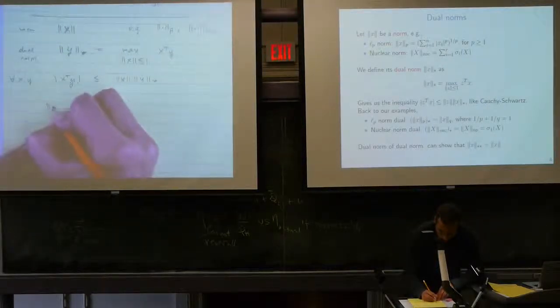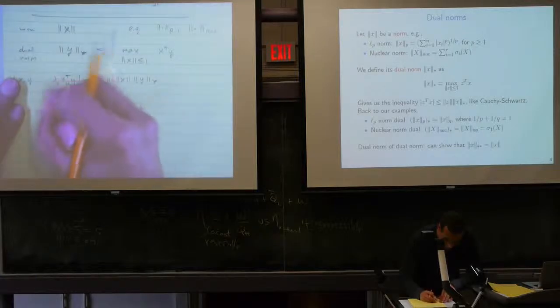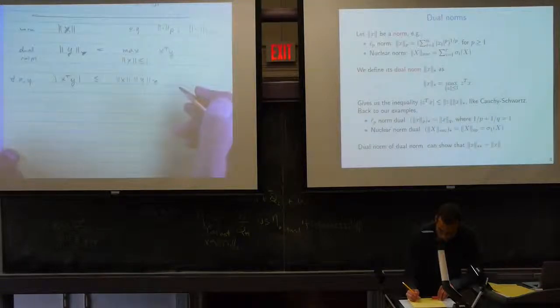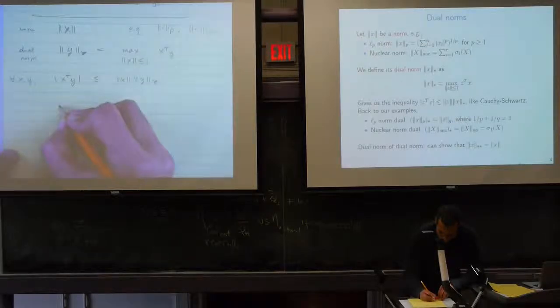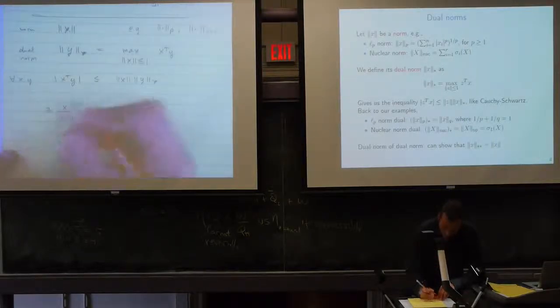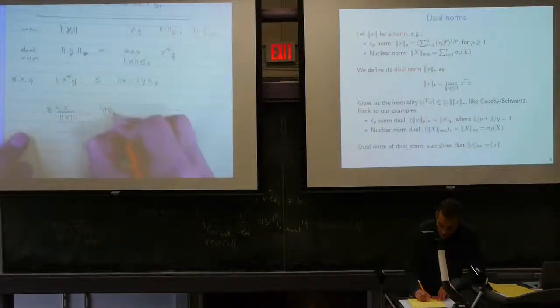We know that the dual norm of y is equal to this. It's the maximum of x transpose y over all points x that have norm less than or equal to 1. So in particular, let me look at the point x over its norm, and I'll call that thing z. So I have the property that z has norm less than or equal to 1.